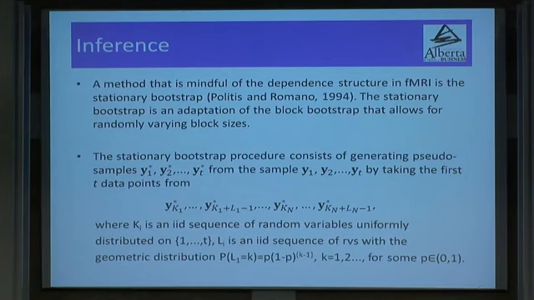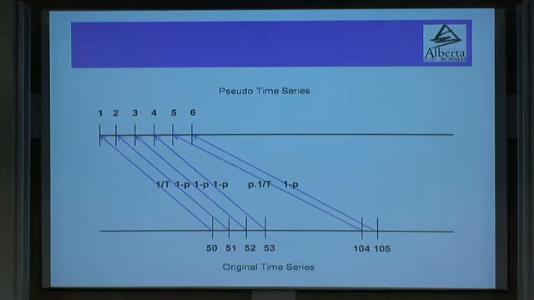The stationary bootstrap is an adaptation of the block bootstrap that allows for randomly varying block sizes. Here's a nice picture of what's going on. With probability 1 over T, you go into the data set and randomly pick one time point, and this is going to be our first time point in the pseudo time series.